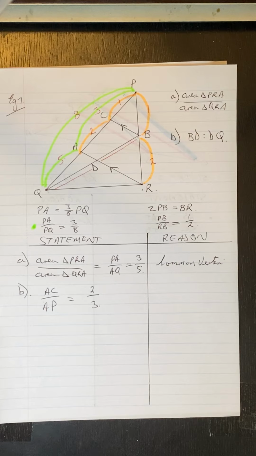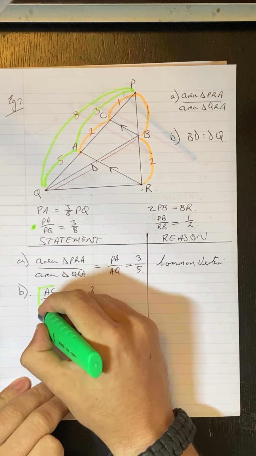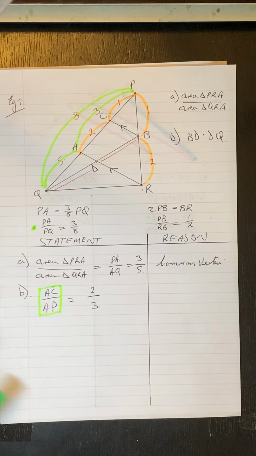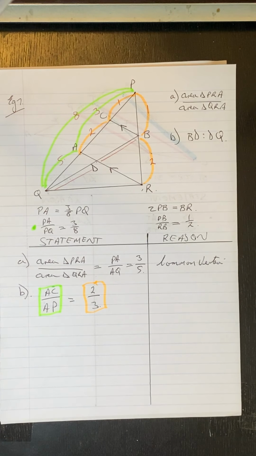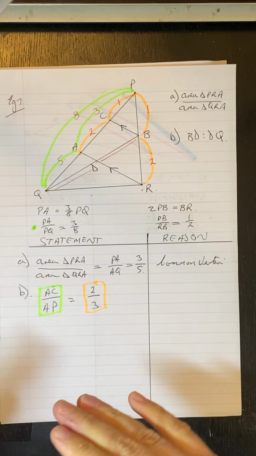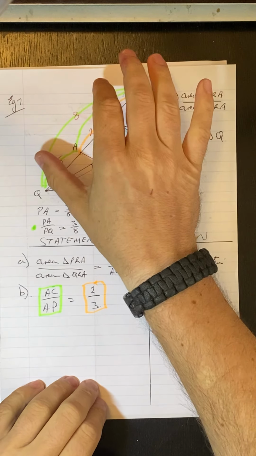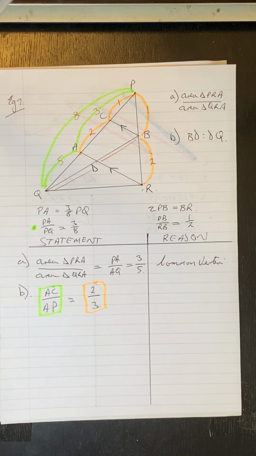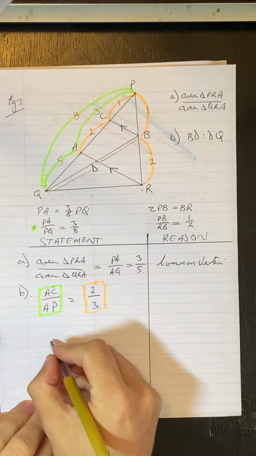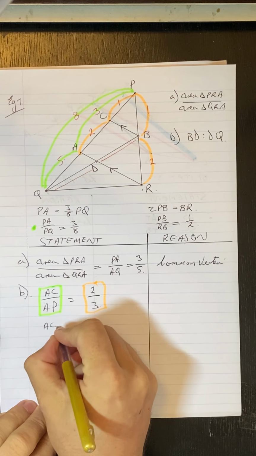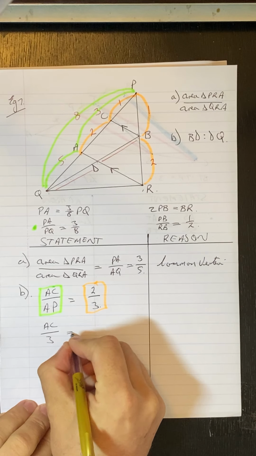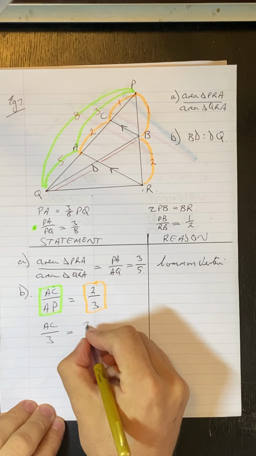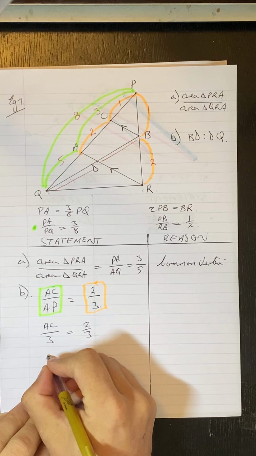Okay, so this little bit over here was for my green, and then this little bit is from my orange. And that is how I've linked the two bits of information from the two ratios. I've got my orange and my green, and that is the link. Okay, so just remember that this is the green bit. So we get AC to AP for the green is 3 equals, and then we've got this from the orange. And now I can get AC on its own.